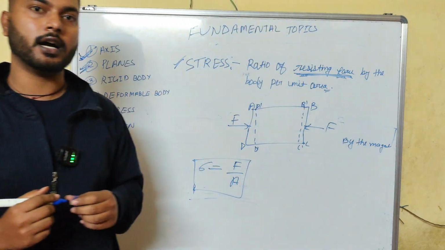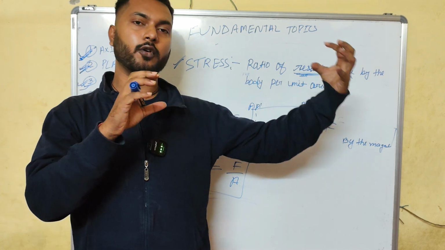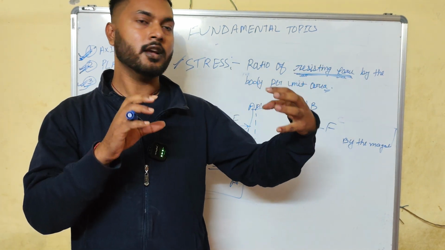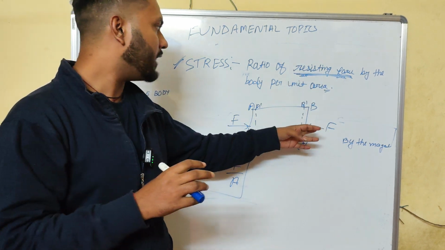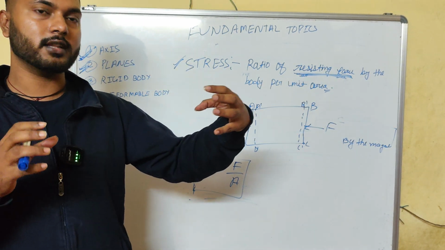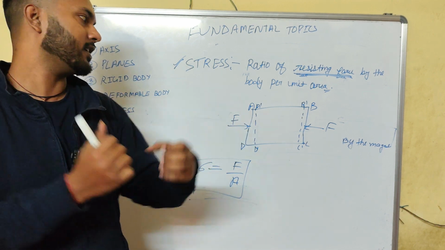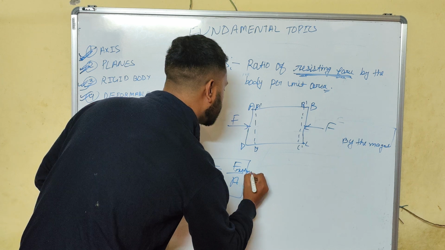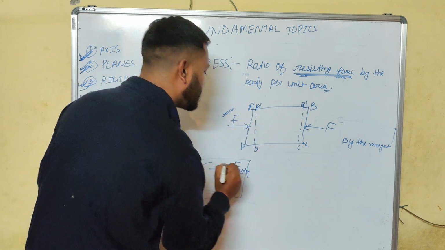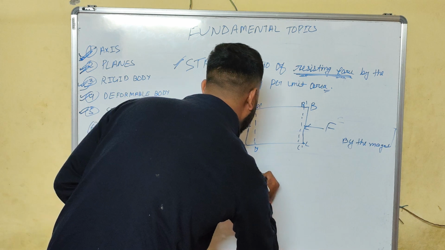According to Newton's third law, whatever amount of force you apply on the body, the same amount of force will be applied by the body as well. So as we apply the F force, the body will also apply the F force in a resisting nature. This is the applied force and this is the resisting force per unit area. So this is the stress.